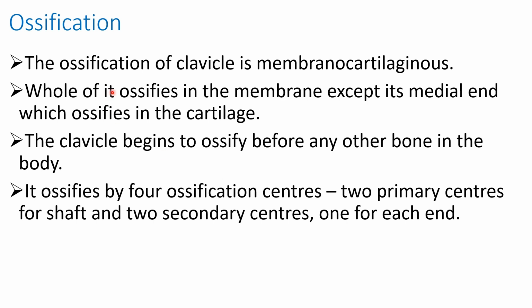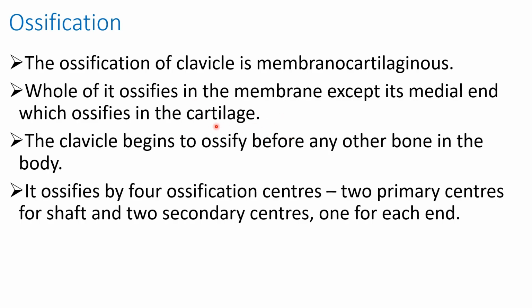So let's look at the ossification of the clavicle. The ossification of the clavicle is membranocartilaginous. So it involves the membrane, and that is one of the peculiar features that we mentioned under the clavicle. The whole clavicle ossifies in the membrane except its medial end, which ossifies in the cartilage.